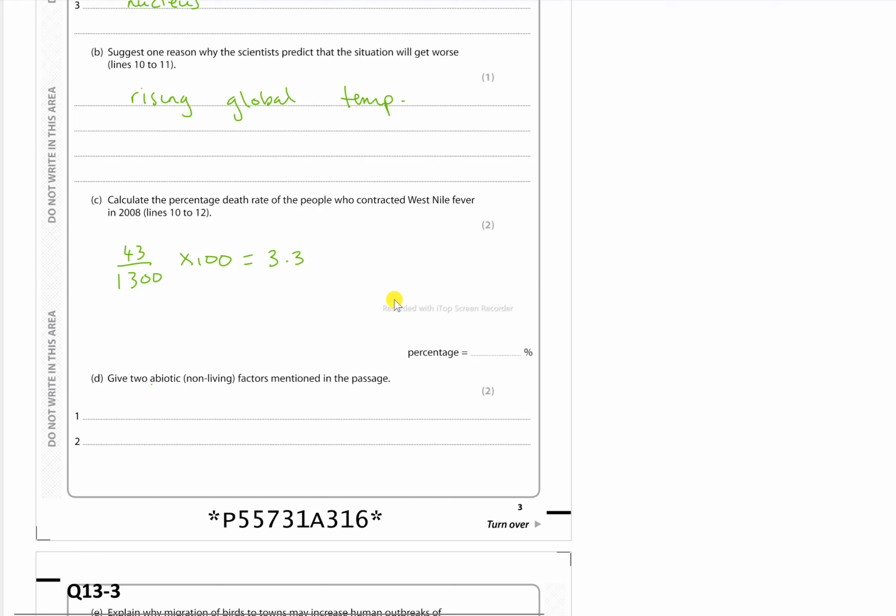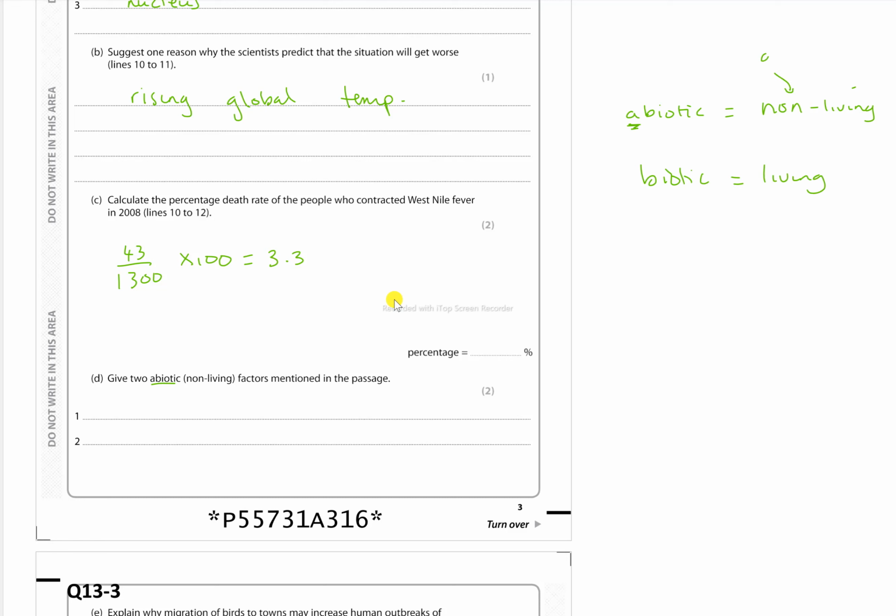Right, give two abiotic factors. So remember, abiotic is non-living, and biotic is living.